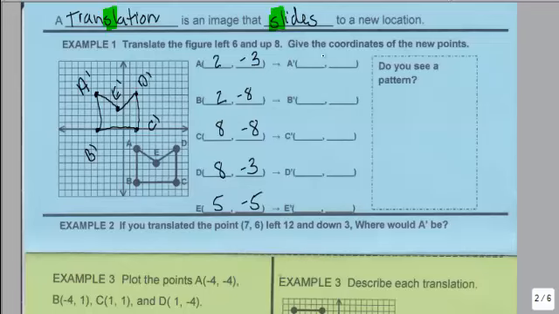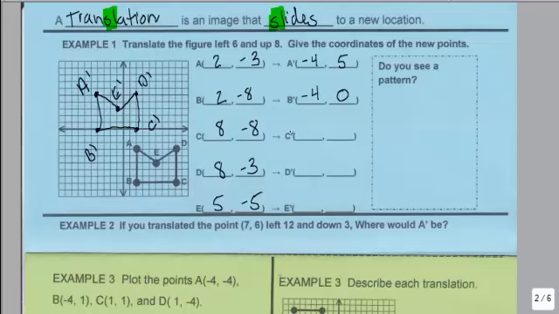If we moved it 6 to the left, A prime is now at -4. And if we move it 8 up, A prime is now at 5. And B prime is at -4 and 0.